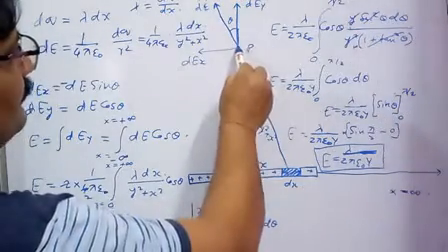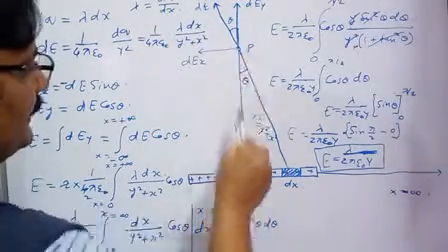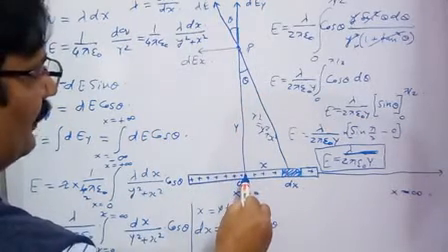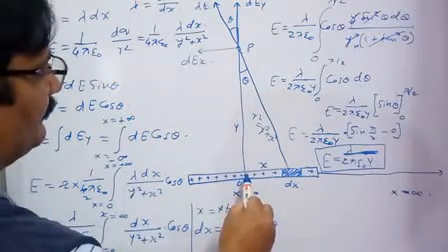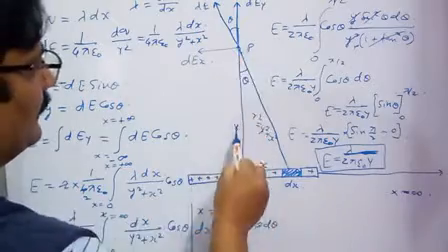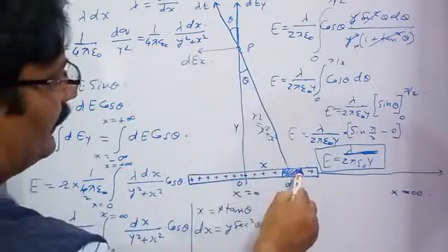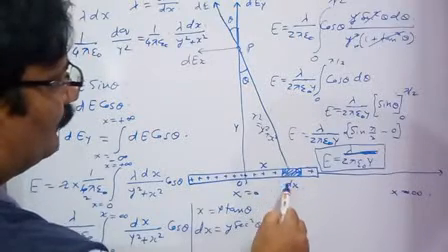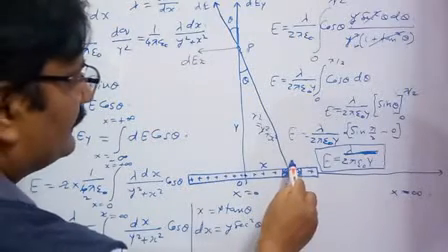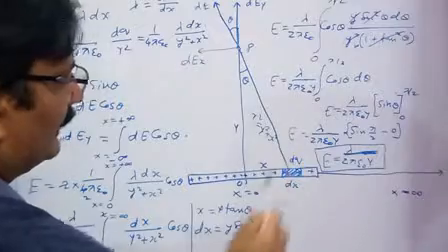And we have to find the value of the electric field at point P. The perpendicular distance of point P from the conductor is y. There is a small element of this conductor whose length is dx. Suppose the charge on this element is dq.